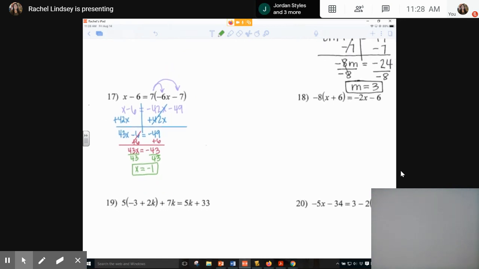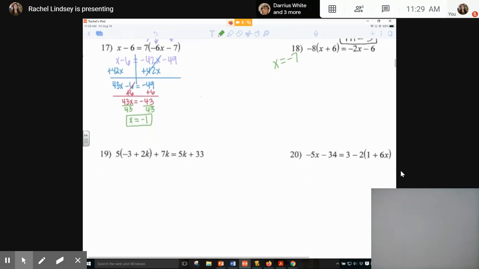Okay, I'm not going to do 18 for the sake of time, but 18 is x equals negative 7. Now on number 19, notice we have an extra k out here, so there's technically three variables in there.